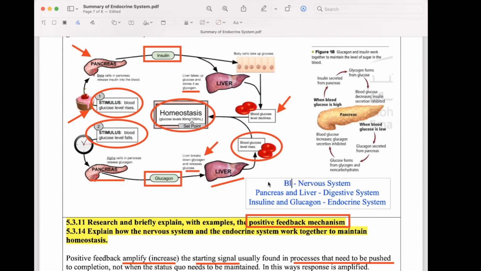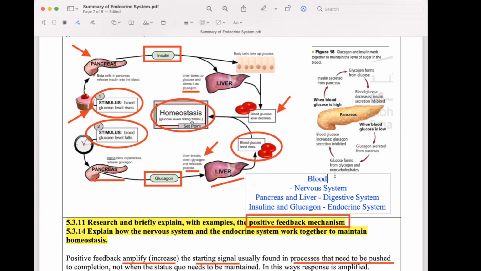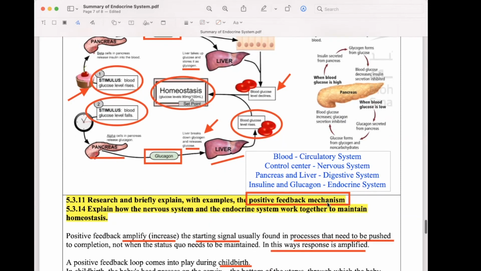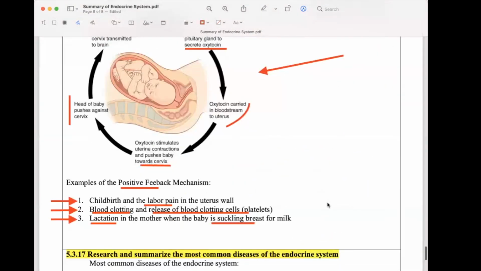There is detection in the blood, so that will be because of the circulatory system. But definitely all the control is because of the control center, and this control center is the nervous system. Okay, that's it, we did it.